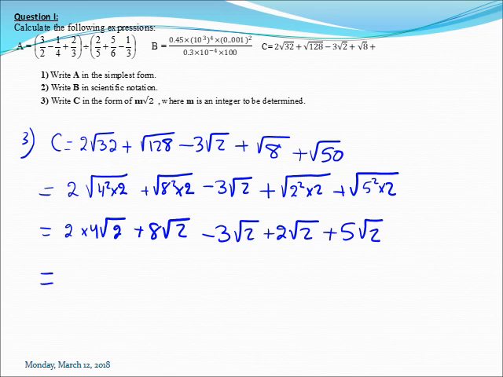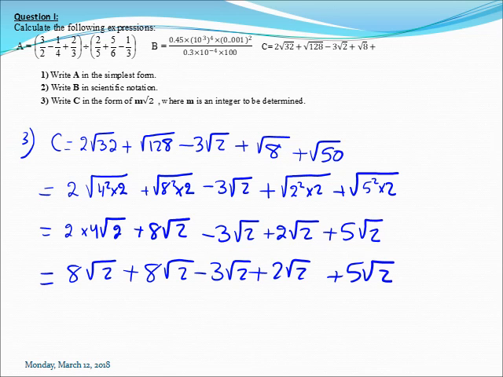Equal 4 times 8, 4 times 2, 8 radical 2 plus 8 radical 2 minus 3 radical 2, 2 radical 2 plus 5 radical 2. 8 plus 8, 16, minus 3, 13, plus 2, 15, plus 5, 20. 20 radical 2.